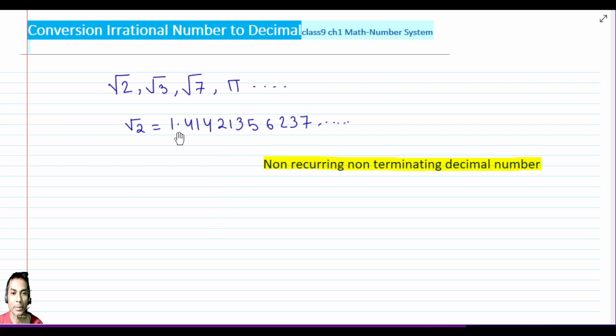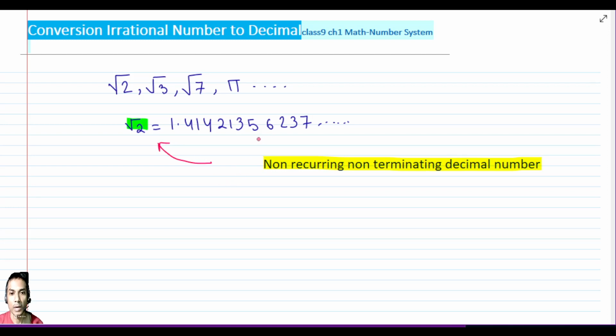But here what is happening? No repetition, and also there is no termination of the number. Okay, clear? So this number is called the irrational number, correct? So these are the irrational numbers.